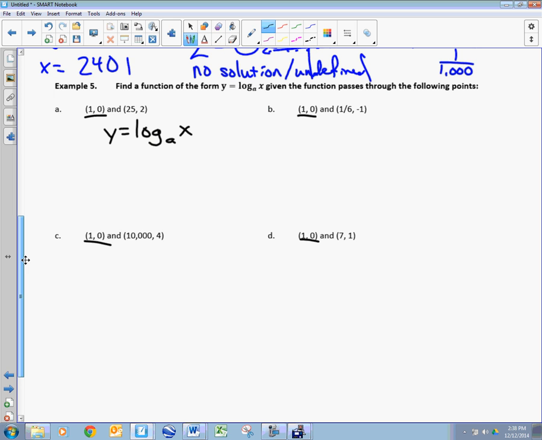Our y value is what in this problem? 2 equals log base a of 25. What does that mean? Interpret it for me. A squared is 25, so therefore a is 5. So we know the equation is y equals log base 5 of x. That's our function.